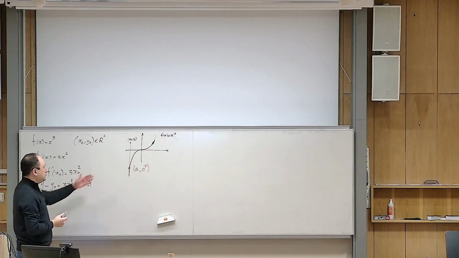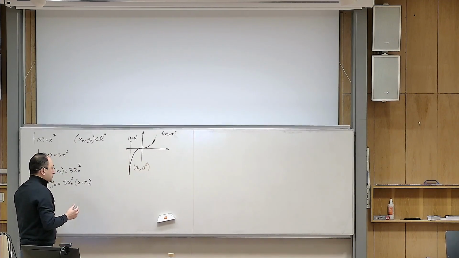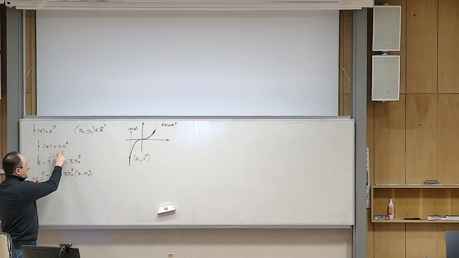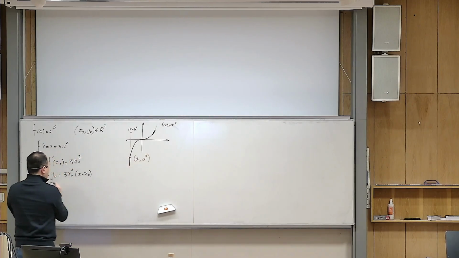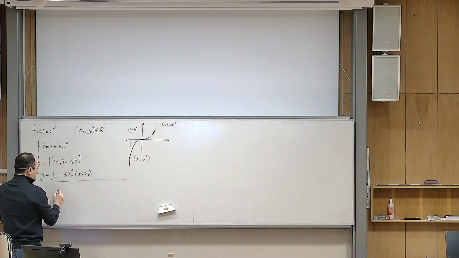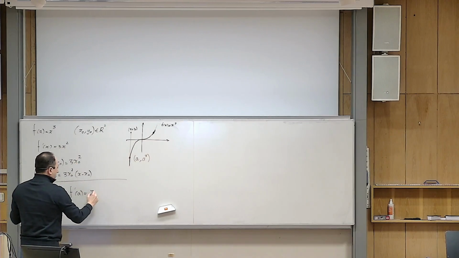I will try to find an equation for this orange line here. So what should I do? I need to differentiate, which I already did, and then I replace x with the x coordinate of the point of tangency. So the new k value becomes f prime of a, which is 3a squared.